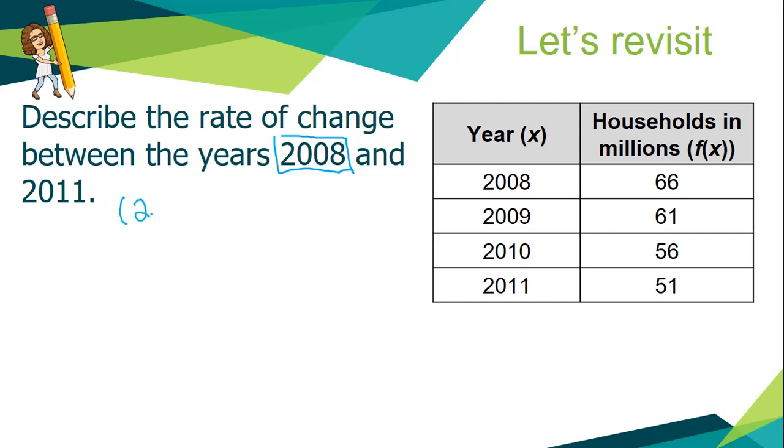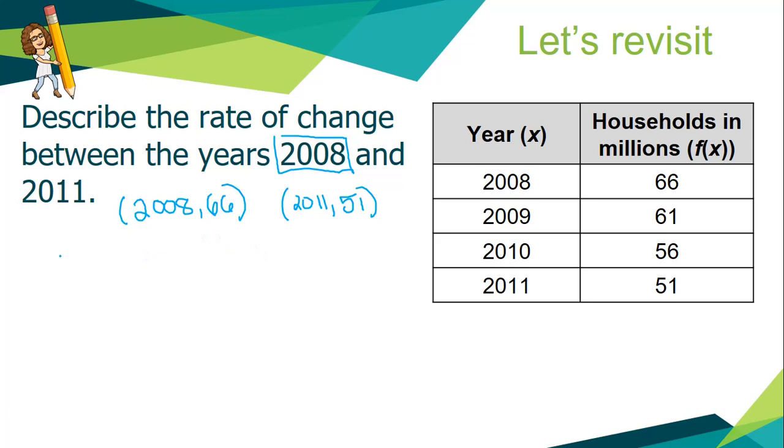So it looks like the ordered pair for 2008 would be 66, right? The other end value of my interval is 2011. And it looks like 51 is the y value that relates to it. Now my steps told me, I have identified those two. Now I need to find my rate of change.